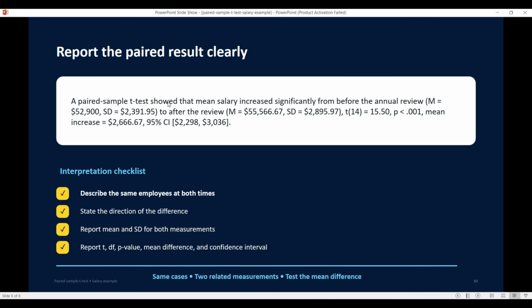A paired sample t-test showed that mean salary increased significantly from before the annual review to after the review.